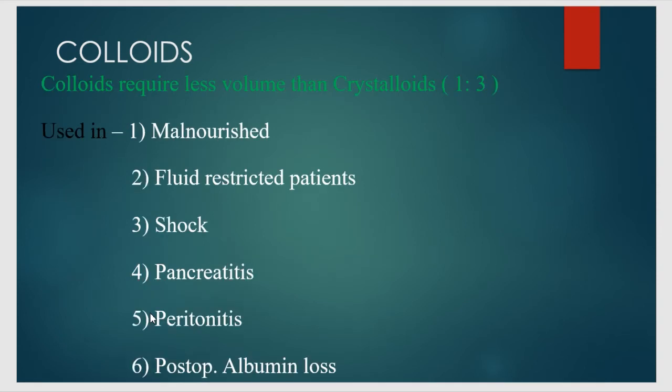Now these colloids require less volume than crystalloids, in the ratio of 1:3. Means if we want to increase the oncotic pressure by 1 unit, and if that 1 unit of oncotic pressure is being increased by giving 3 liters of crystalloid, for the same increase we only need 1 liter of colloid.